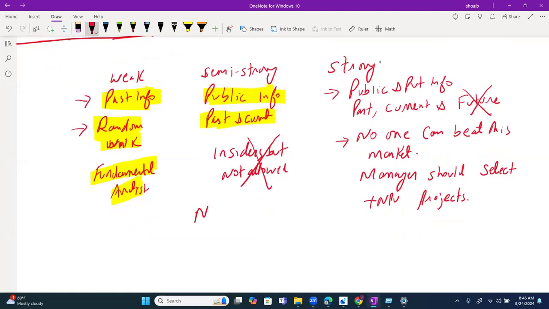Okay. What to do here? The manager should select positive NPV projects and announce. Announcement is required in semi-strong. But in strong form, you should only do the good projects. There is no need for announcement.